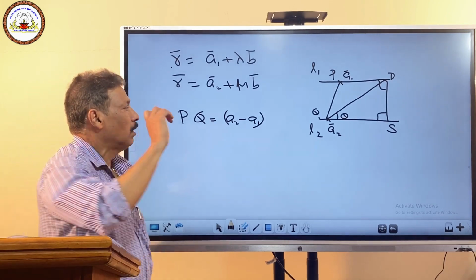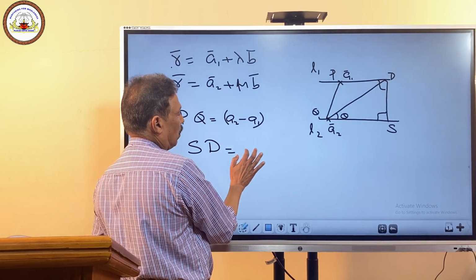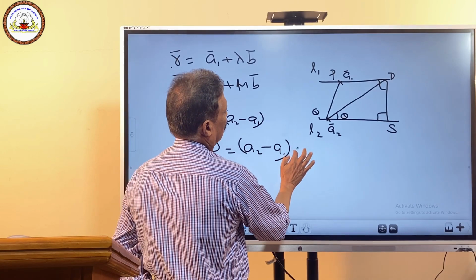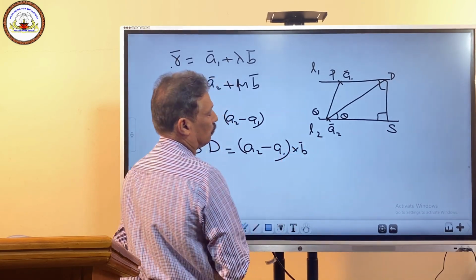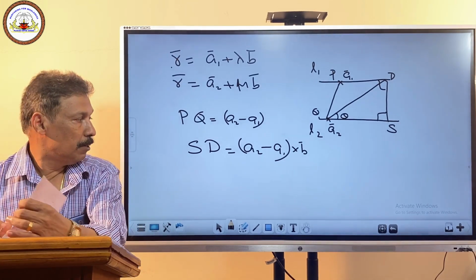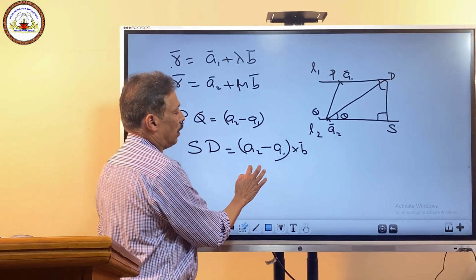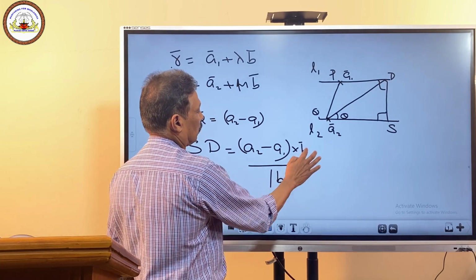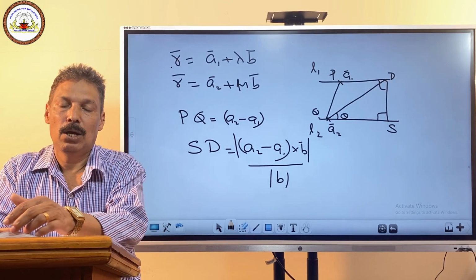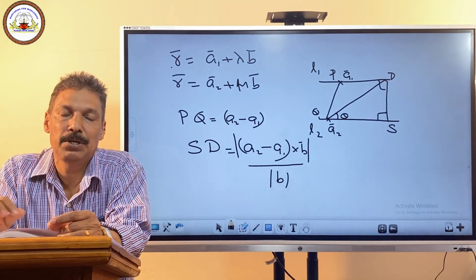The shortest distance SD becomes equal to the modulus of A2 minus A1 cross B, divided by mod B. That is, A2 minus A1 cross B divided by mod B is the shortest distance between two parallel lines.